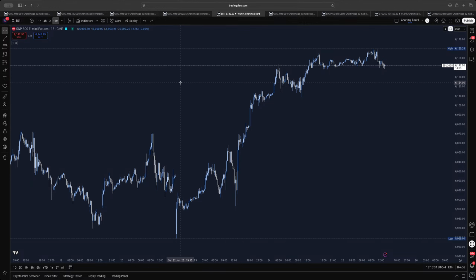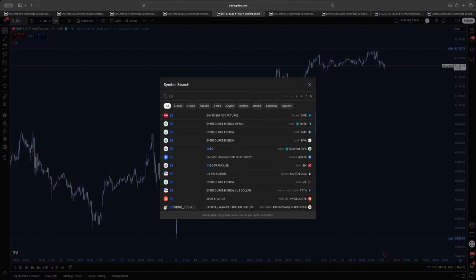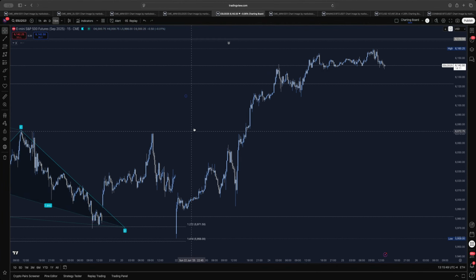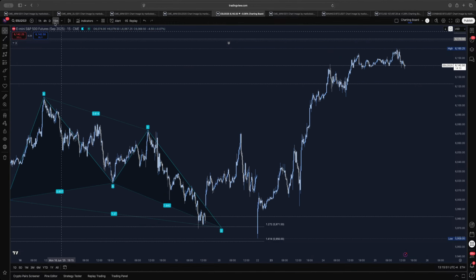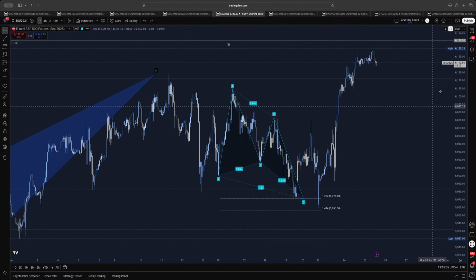Anyways, now the S&P 500 is currently trading at the PRC, also a range within a W formation. If I go into the current contract here, on the September contract, this is the price action I was looking at on the hourly time frame, okay?